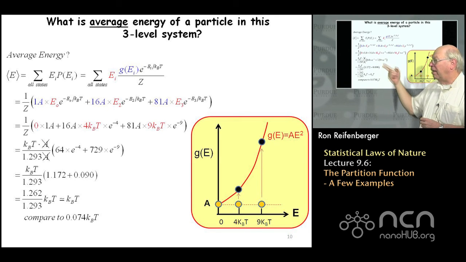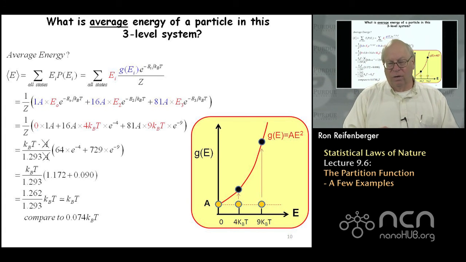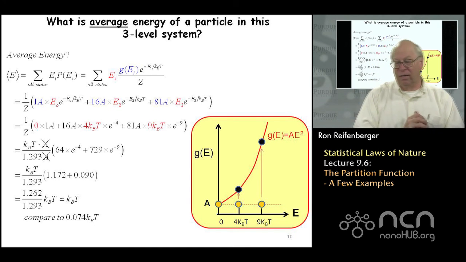And at the end of the day, when you run through the numbers, what you find out is that the average energy is now on the order of kT rather than 0.07 kT. So just by increasing the degeneracy of these higher energy levels, you can change the average energy of the particle in the system by quite a bit, right? And that's what this calculation is trying to show.